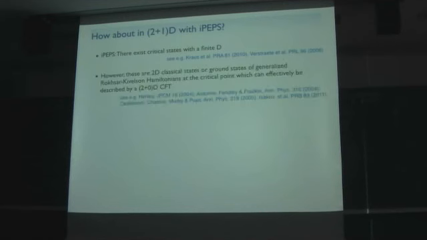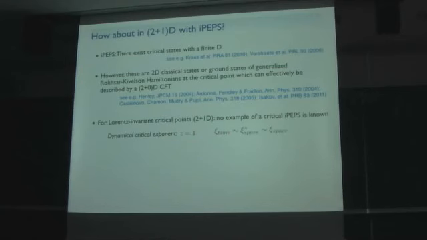However, all examples that have been found so far are either 2D classical states or ground states of generalized Rokhsar-Kivelson Hamiltonians at the critical point, which can effectively be described by a 2D CFT, right? However, if you take a Lorentz invariant critical point, which is described by a 3D field theory, with a dynamical critical exponent z equals 1, so time and space correlation length diverges in the same way as we approach the critical point.